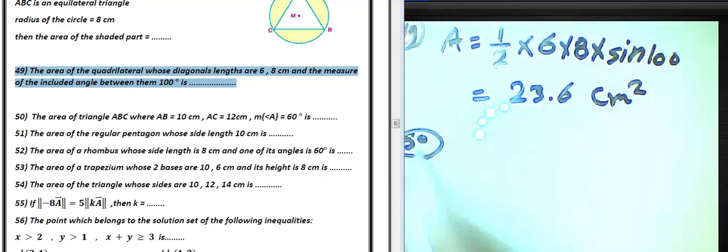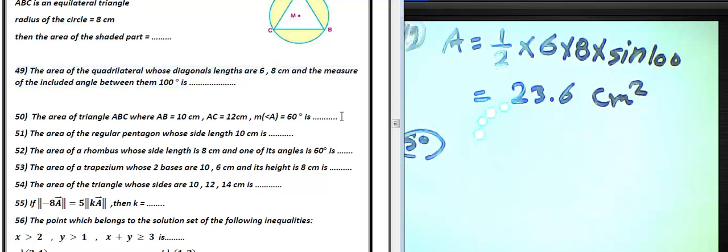Question 50. The area of triangle ABC, where AB equals 10 centimeters, AC 12 centimeters, and the measure of the angle equals 60 degrees.